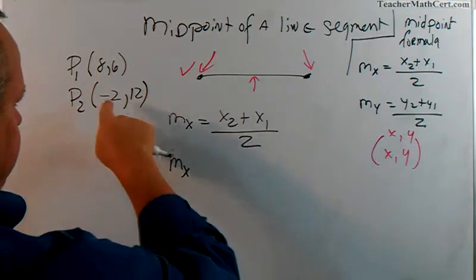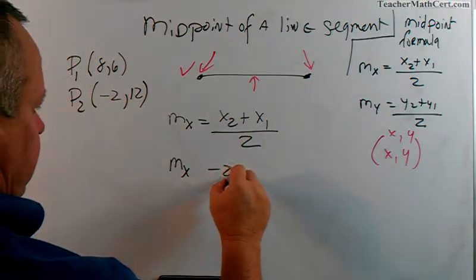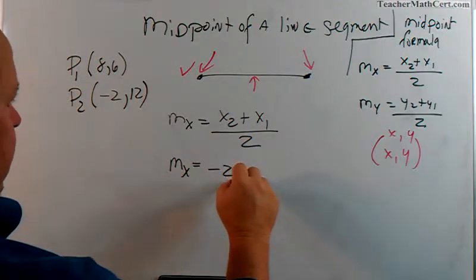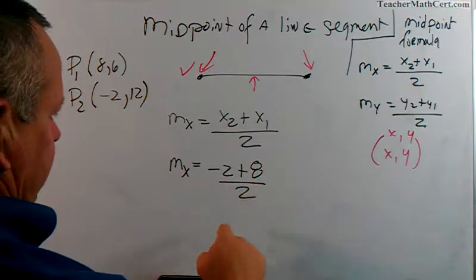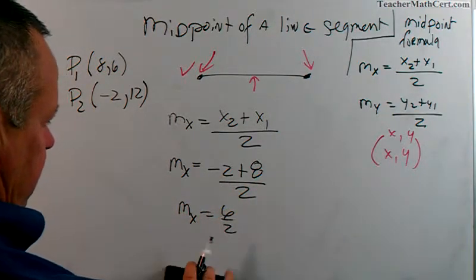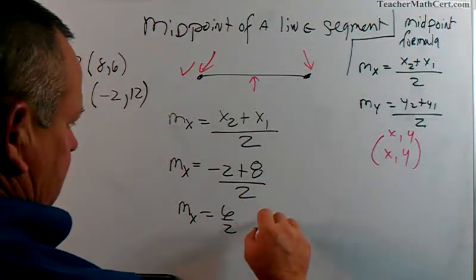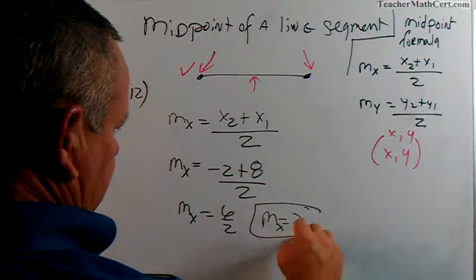M sub x is going to be x of 2, which is minus 2, plus 8 divided by 2. That's going to give us m sub x is equal to 6 over 2, and m sub x is equal to 3.